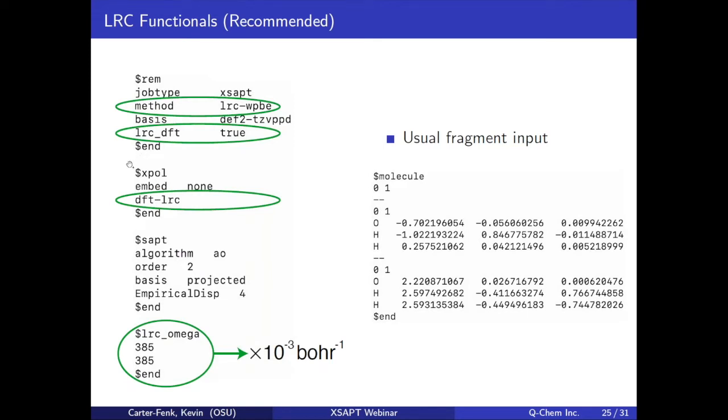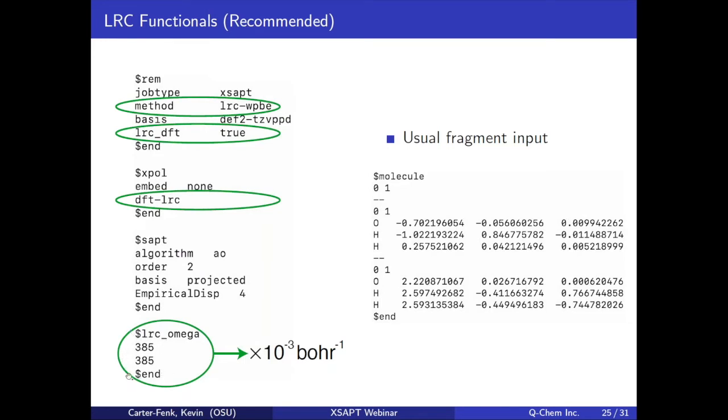And if you are going to use one of these long-range corrected functionals, specify LRC DFT is true in the REM section, and also in the $XPOL section, indicate DFT LRC, and you'll also need a range separation parameter for each of the monomers. So notice we have 2 range separation parameters.